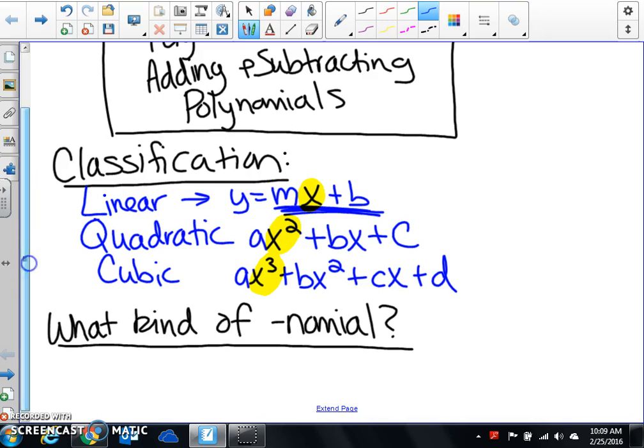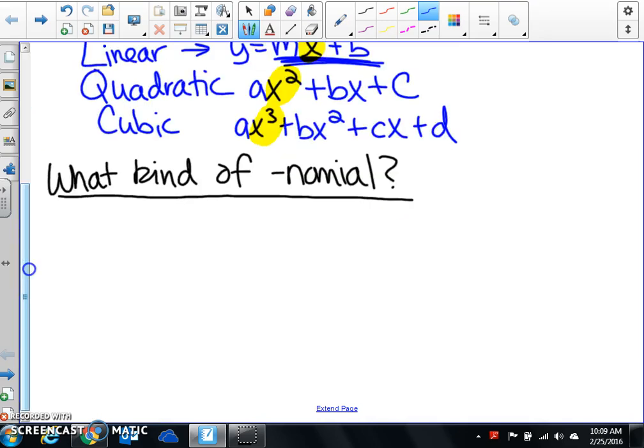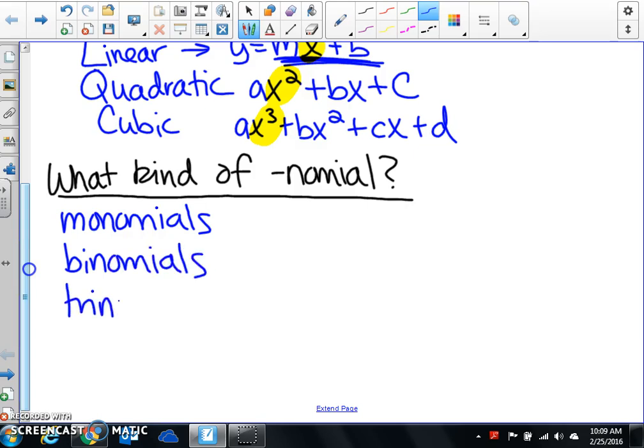In terms of what kind of nomial it is, we have monomials, binomials, trinomials, and then after that, they're just polynomials.